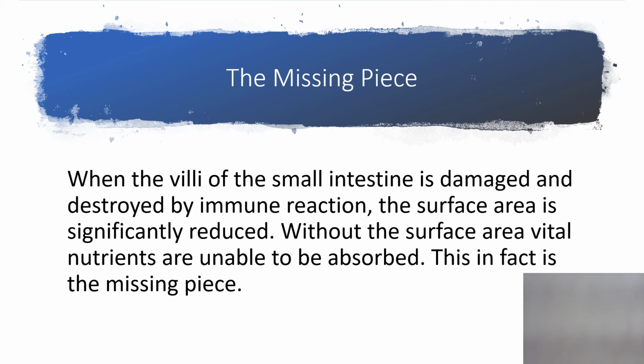You don't have the surface area anymore after the villi have been damaged and destroyed for the nutrients and the minerals and things that your body needs to utilize. When the surface area is gone and reduced, then all of these different symptoms and malabsorption problems will come into play.